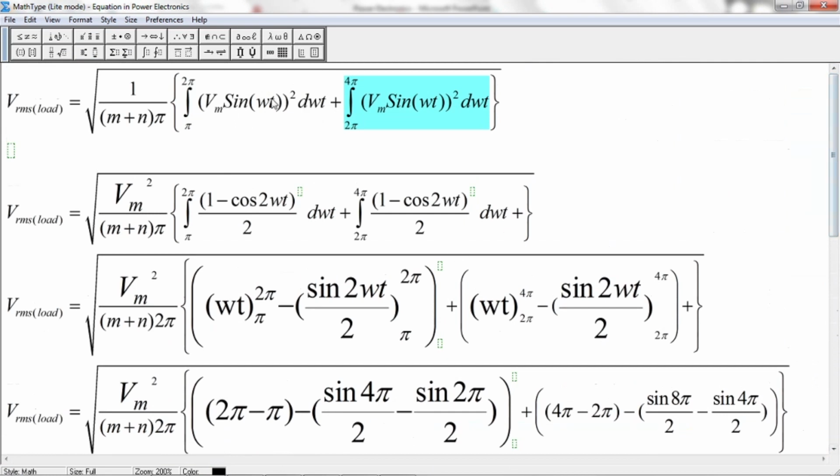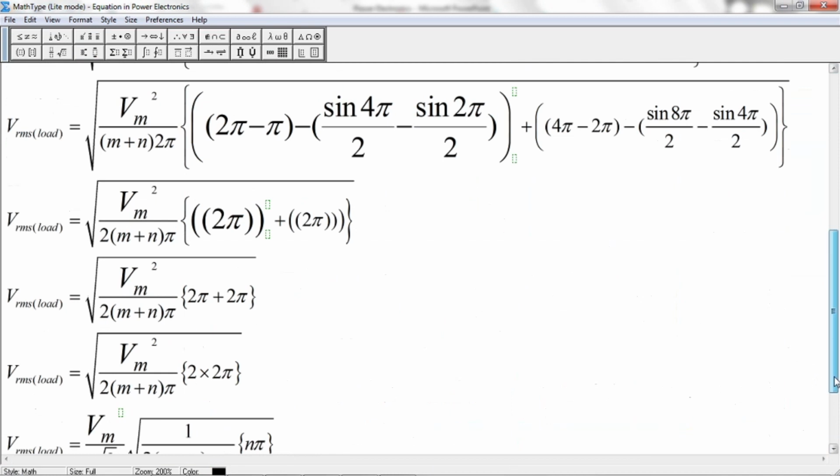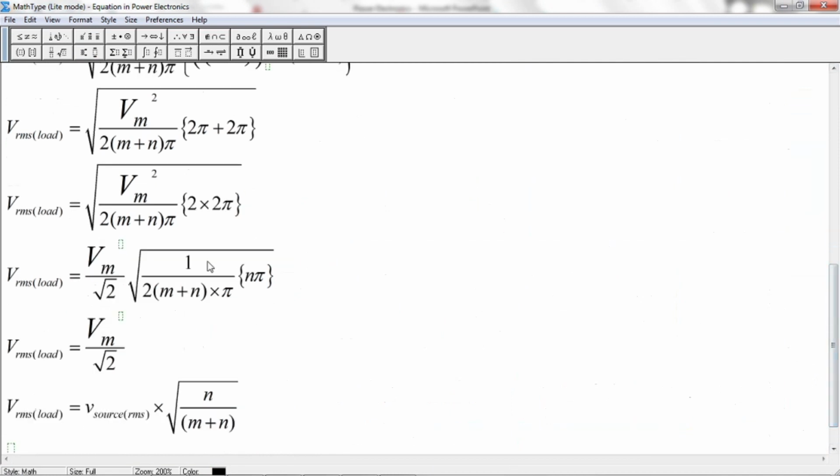If you integrate 4 times, 4 times this, 3 times this. So finally, instead of 2, I will get n pi here, n pi here.